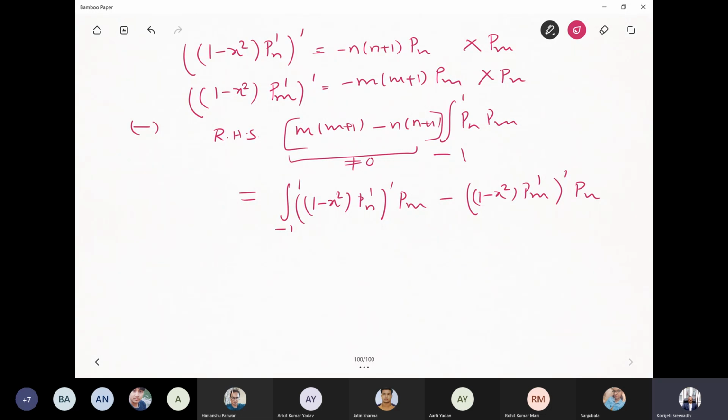If we show that this equals 0, then we are done, because this factor is not 0, and therefore you have the integral of Pn into Pm from minus 1 to 1 equal to 0. So the claim is to show that this equals 0.